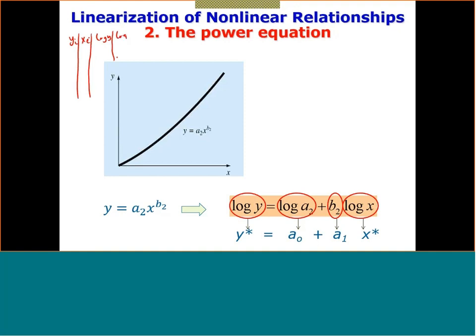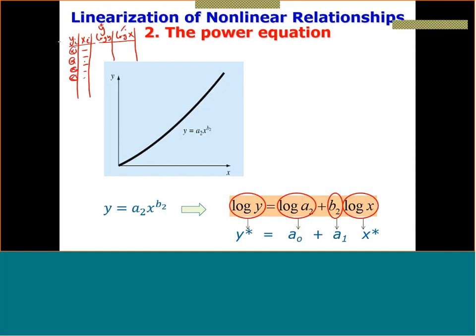So I need to calculate these values. I take all these data points and find their log, and this becomes my y star. And then do the same thing for the x values, and this becomes my x star.